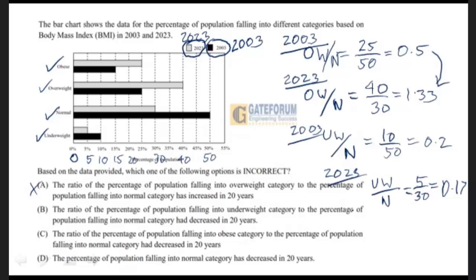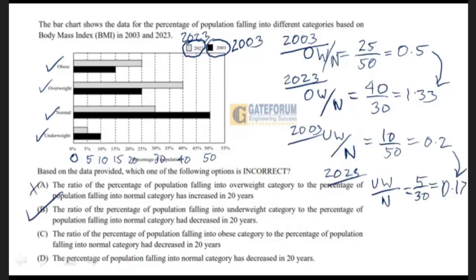The ratio of the percentage of population falling into the underweight category to the population falling in the normal category in the year 2023 is 5 by 30, which is 0.17. Hence this is absolutely correct. It has decreased in 20 years. So I will say option number B is the correct option.